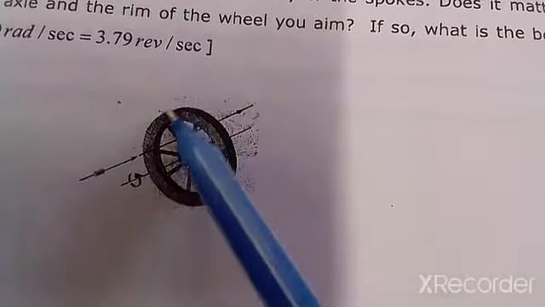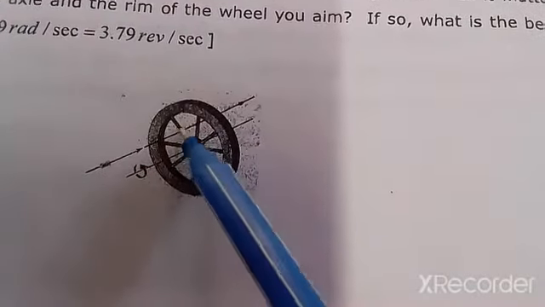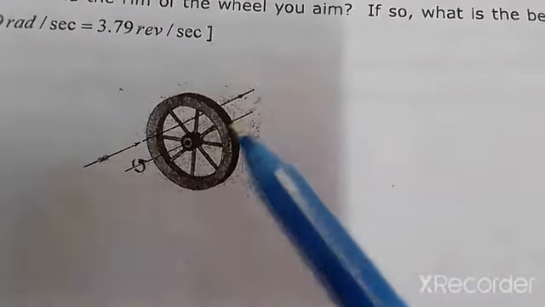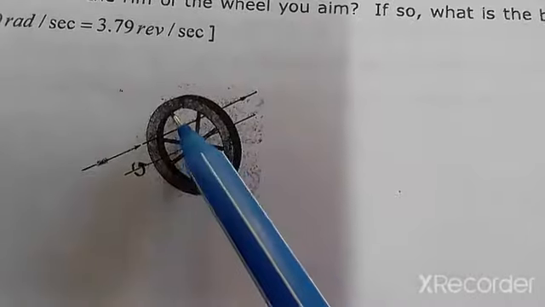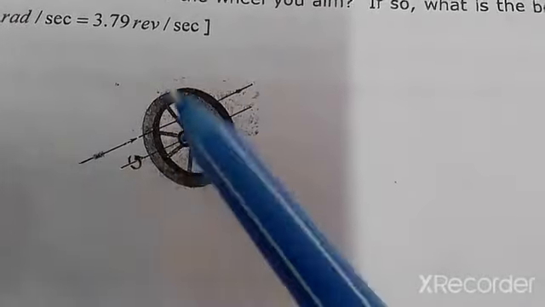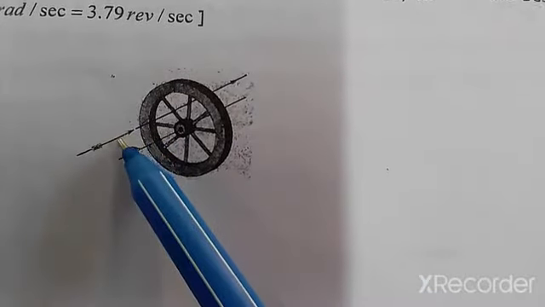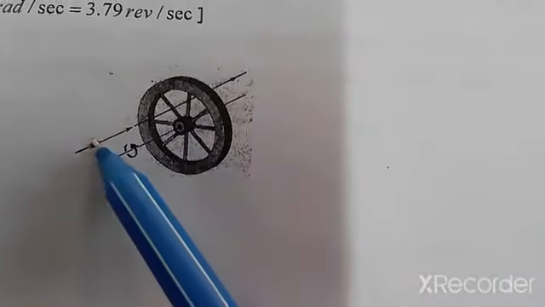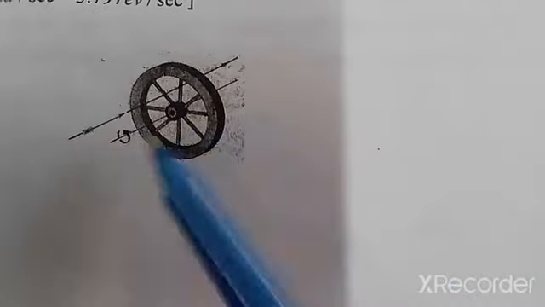As this is rotating, the arrow is supposed to pass through without being disturbed. So the wheel shouldn't move too fast and it shouldn't move too slow. It should have a certain speed so that the arrow passes through smoothly without hitting the spokes.